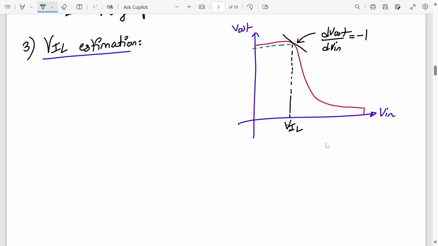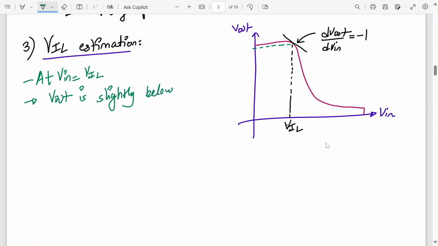Output is slightly below VDD. Okay, so referring to the VTC curve, at V in equal to VIL, as you can see the output is slightly below VDD. Yes or no? So slightly below means what?